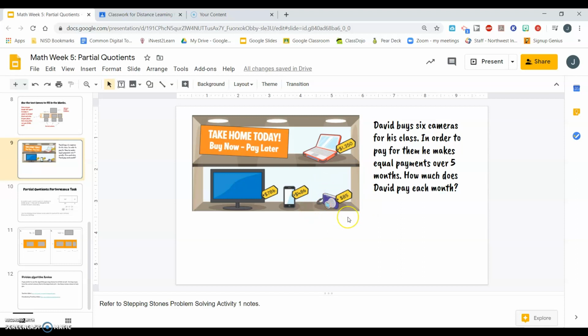Look closely. It did not say David pays $85 for 6 cameras. It said David buys 6 cameras and each of them is $85. Afterwards, the last step, see how many equal groups you are going to be splitting 6 cameras, each worth $85, into.